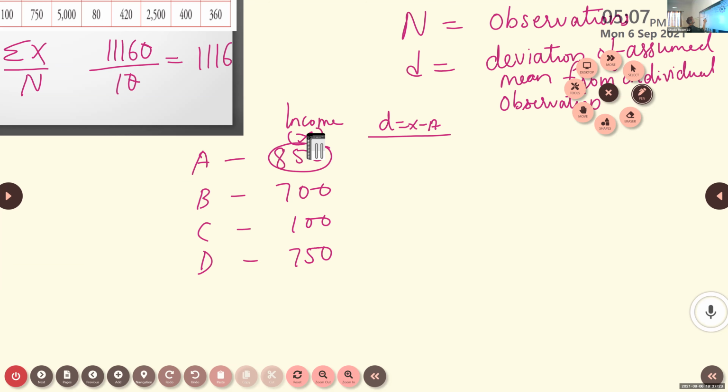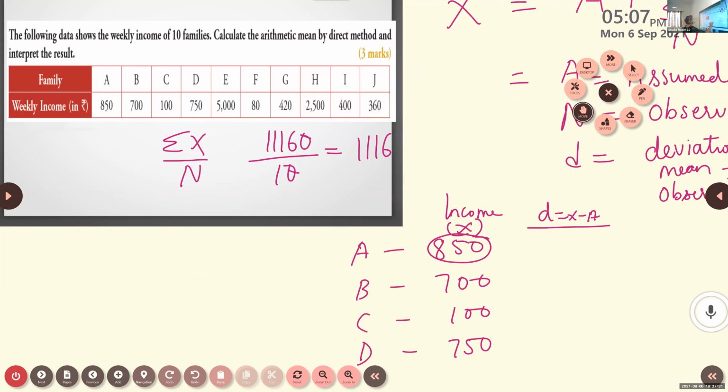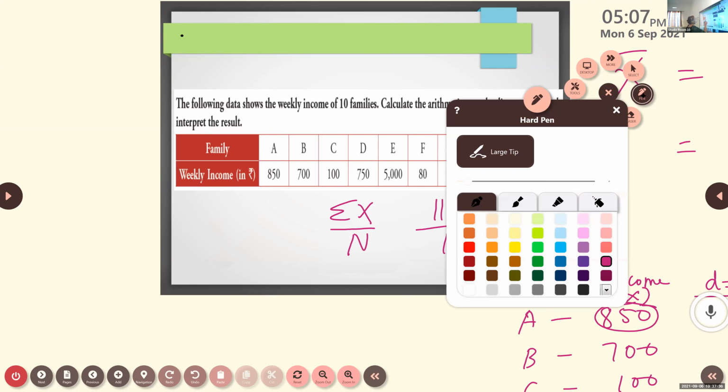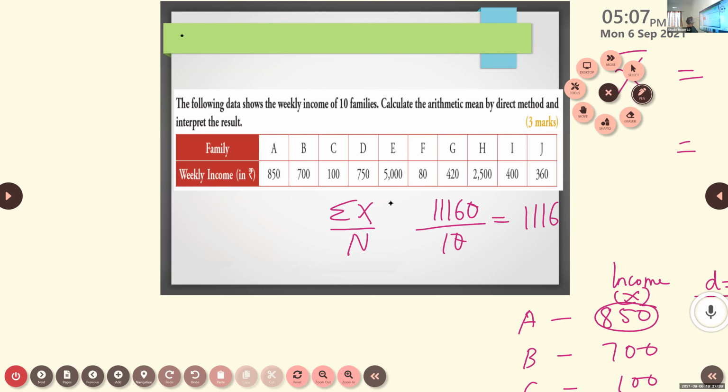Now just arrange these numbers in ascending order: 850, 700, 100, 750, 5080, 420, 2500, 400, 360.